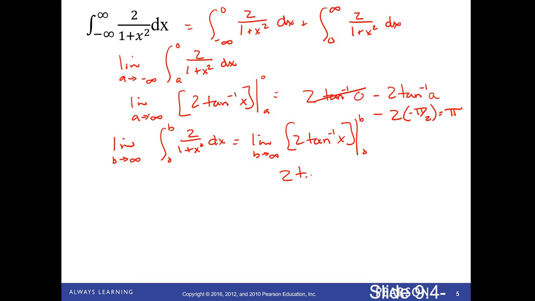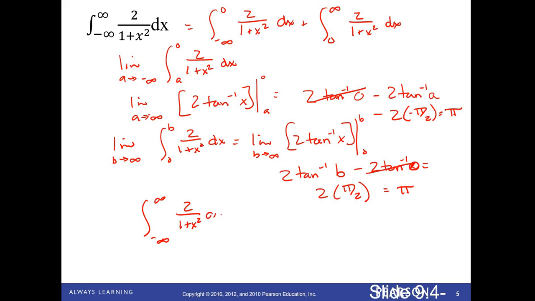So that would be 2 tan inverse b minus 2 tan inverse 0. Using the same process as before, I get 2 times pi over 2, and the second part is 0, so I get pi again. Adding these two together, my integral from negative infinity to infinity of 2 over 1 plus x squared dx will equal 2 pi.